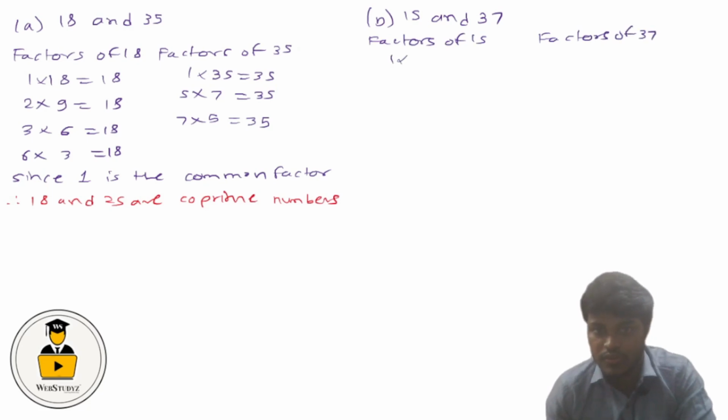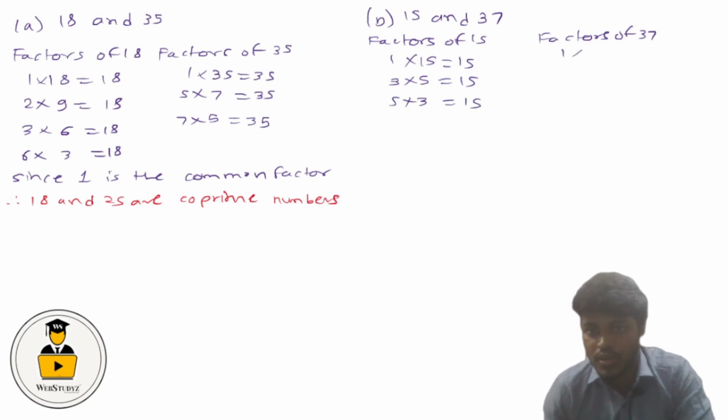The factors of 15 are 1 into 15, which gives us 15, then 3 into 5 is also 15, and 5 into 3 is also 15. Similarly, for 37, 1 into 37 is 37, and 37 into 1 is also 37.